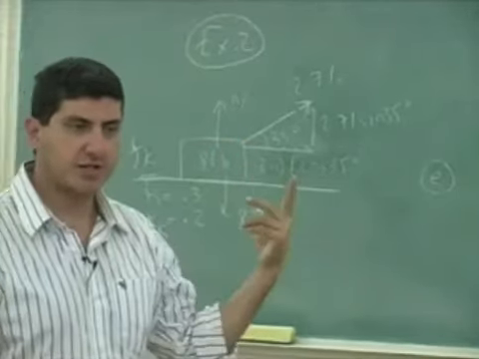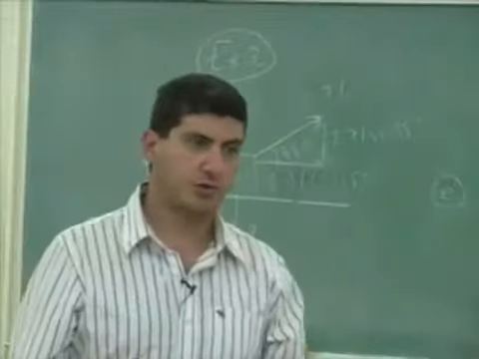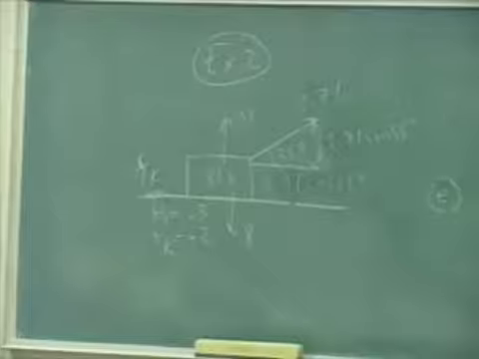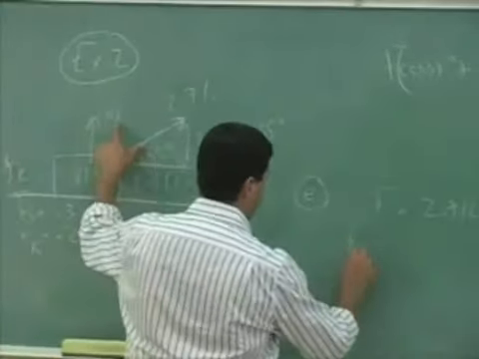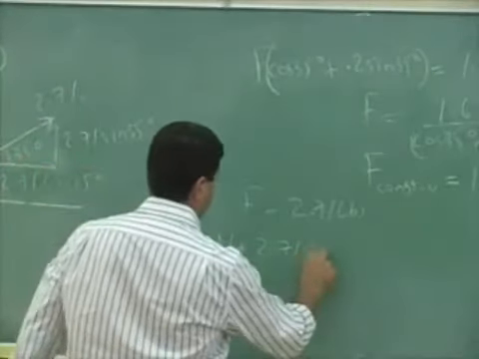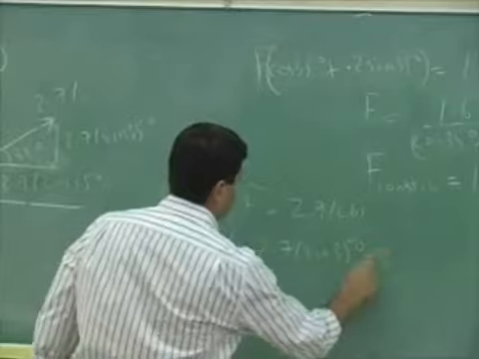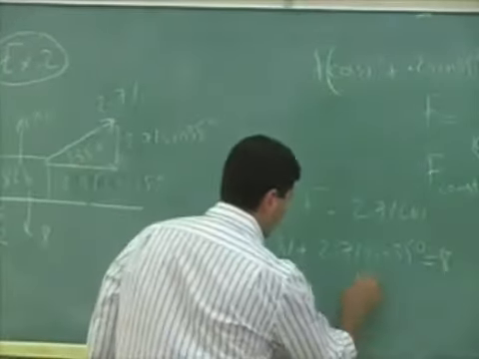Because with part C, you were pulling with 1 pound more than 2.42. You were pulling with 3.42. So this one, you have to recalculate the normal force. So N plus 2.71 sine 35 is equal to 8 pounds.